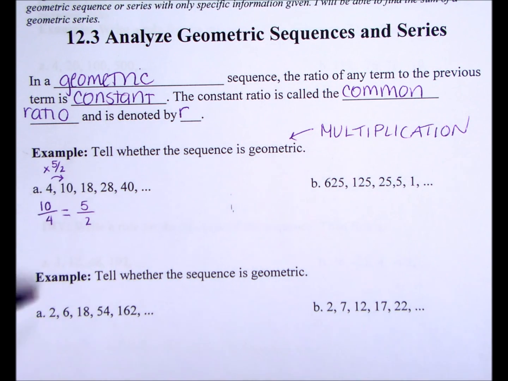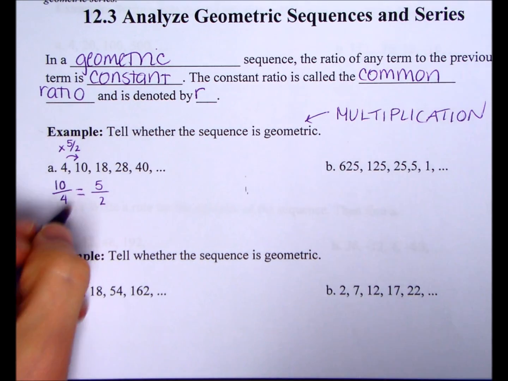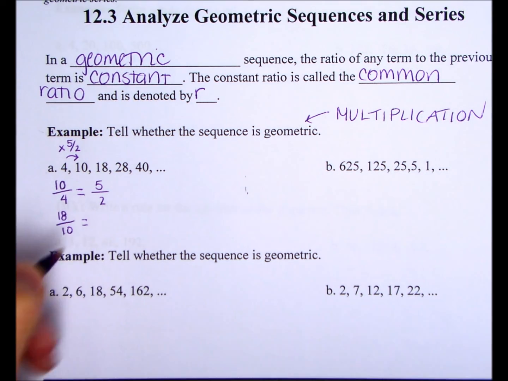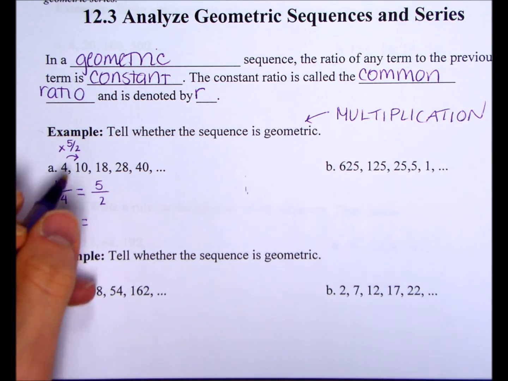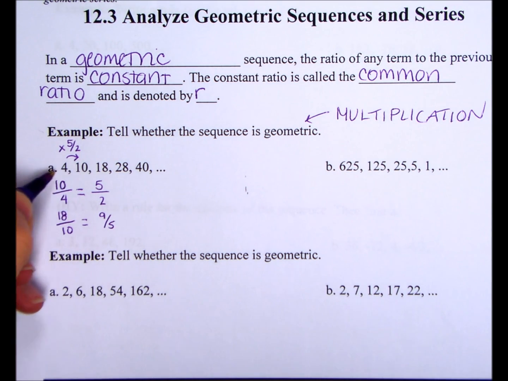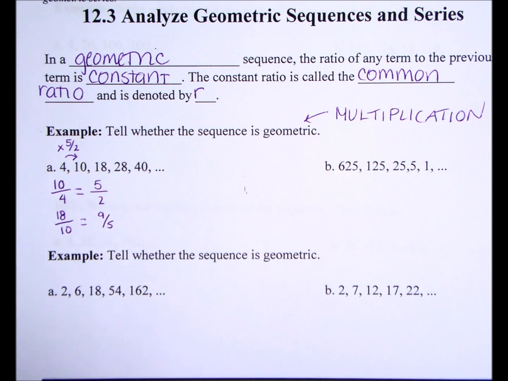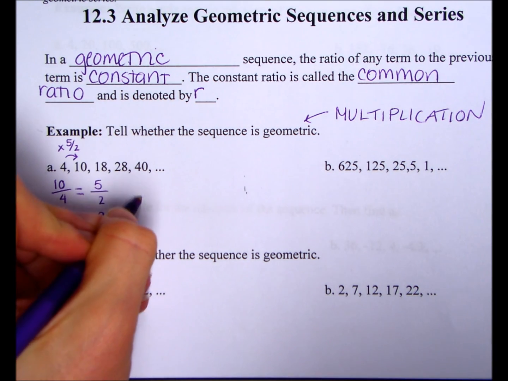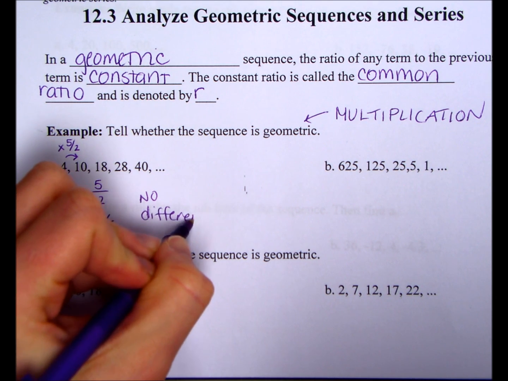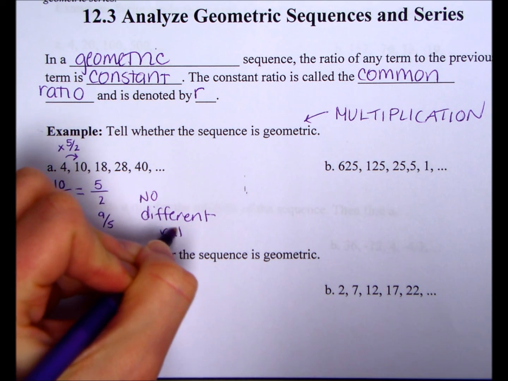So I'm going to say 18 divided by 10. When I reduce this fraction, I get 9/5. You're multiplying by two different numbers, it doesn't give us the same thing, so we say no, we have different ratios.